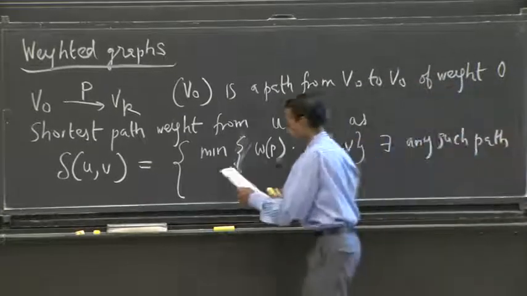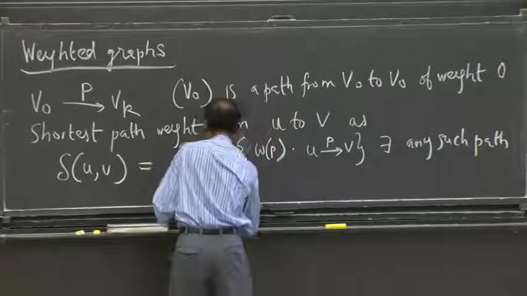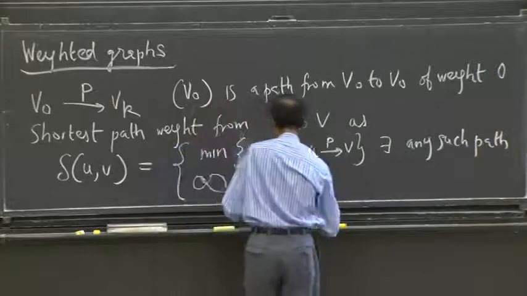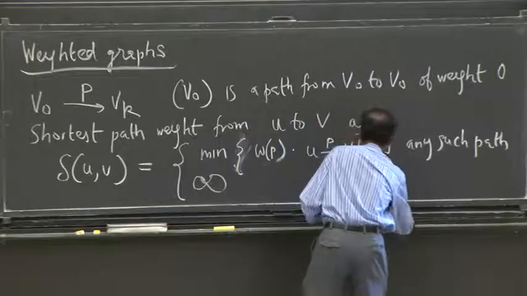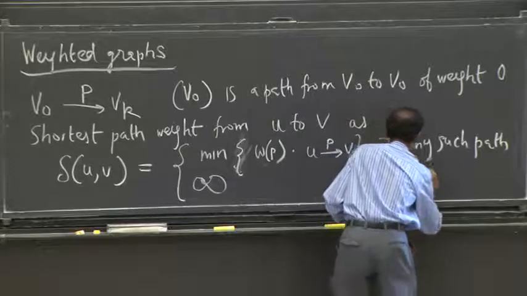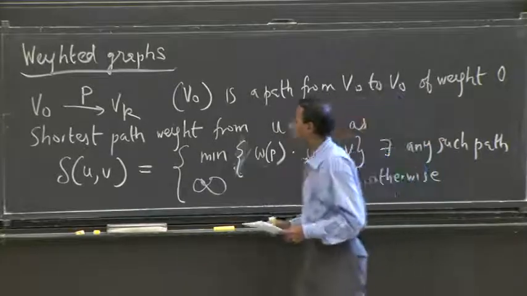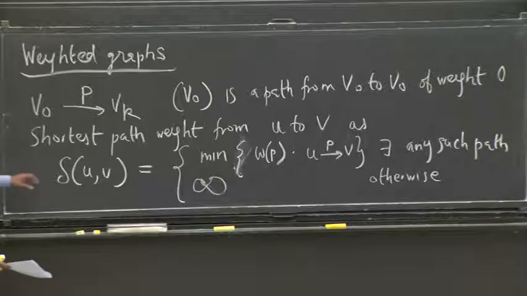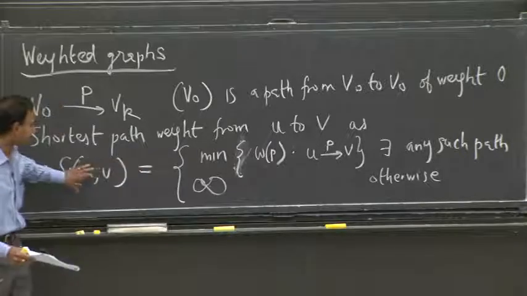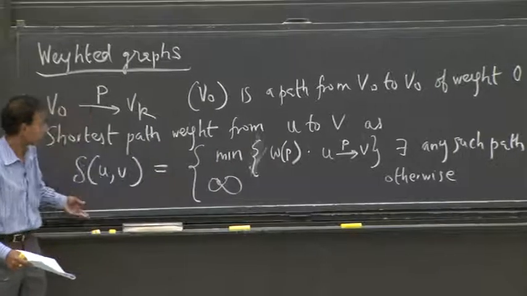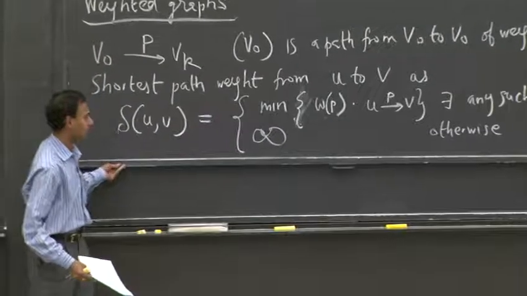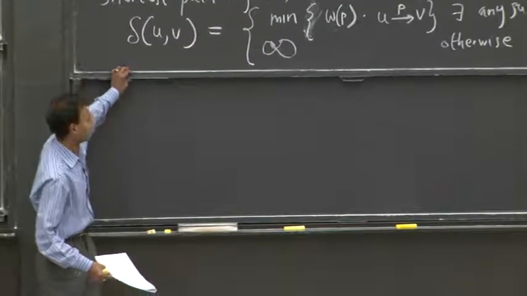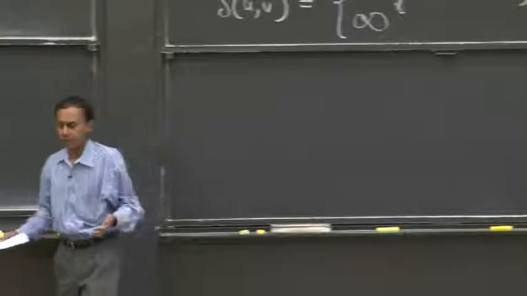And the last thing is you want this to be infinity, the weight to be infinity otherwise. So if you're only talking about roads, going from here to Tokyo should have length infinity. A little matter of the Pacific Ocean in between, right? So that's the setup in terms of the numbers that we want to see.